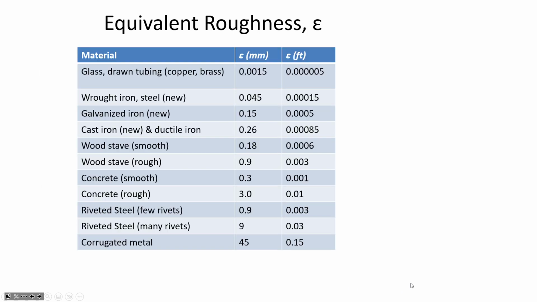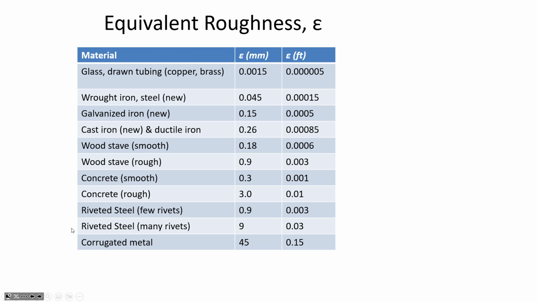Another way to look at it is at the equivalent sand roughness of some different materials. We've got it here both in terms of millimeters and feet, and I mentioned this in the last class, but what it effectively is saying is, what if we glued a bunch of sand grains to a pipe? What would need to be the average diameter of those sand grains to exert a similar amount of resistance as whatever this material is?